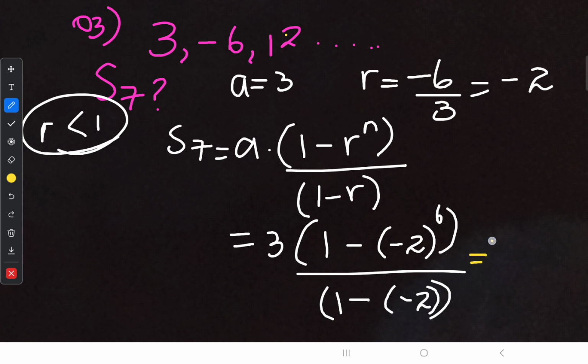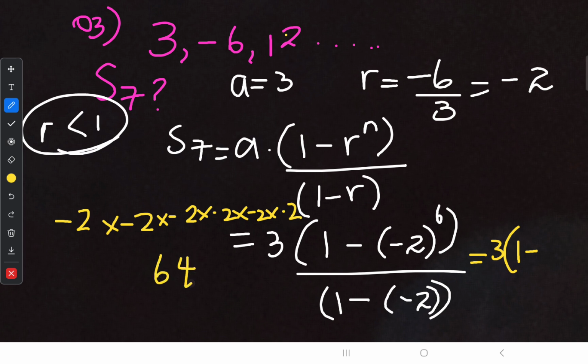When I simplify this, negative 2 power of 6, when you multiply negative 2 six times, that is going to be positive 64. Positive 64 upon 1 minus negative 2 means 1 plus 2. So 3.